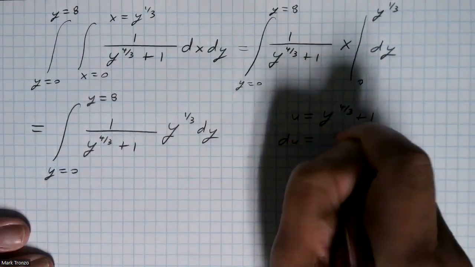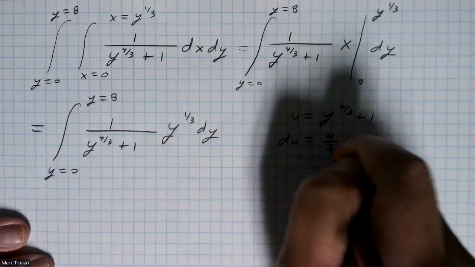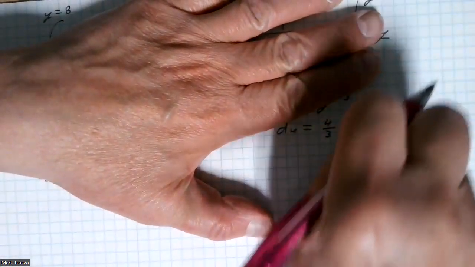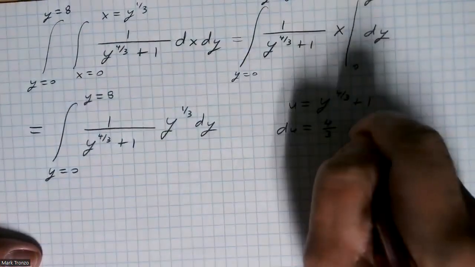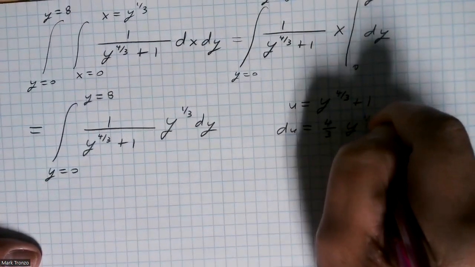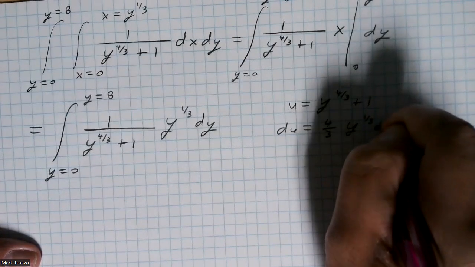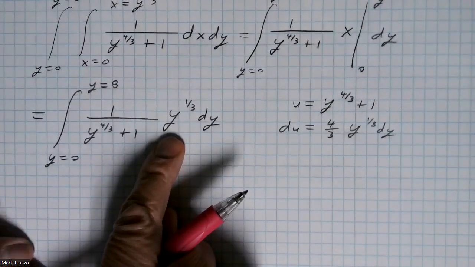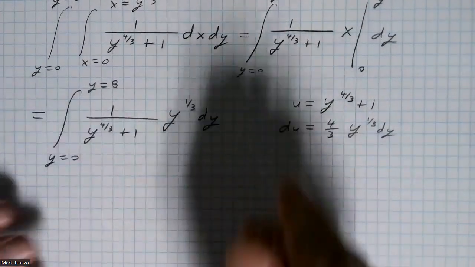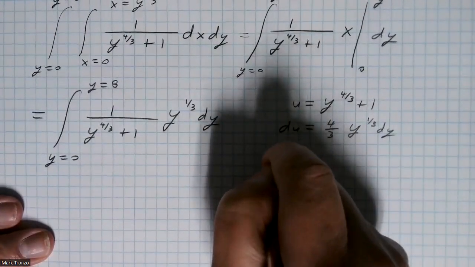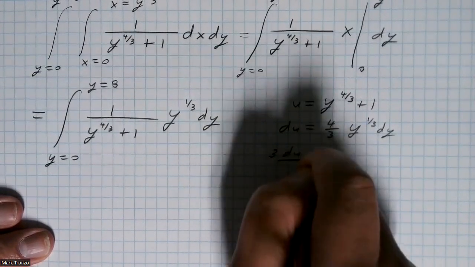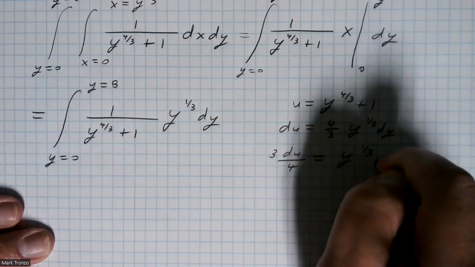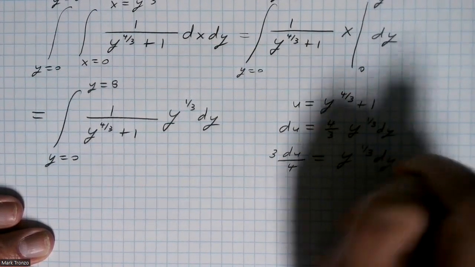Then du equal 4/3 y to the 1/3 dy, then we can write it exactly like this so that we can substitute. So y to the 1/3 dy would be 3 du over 4.